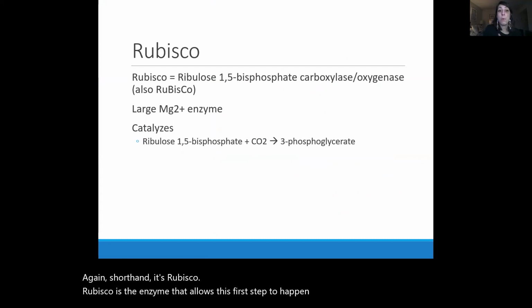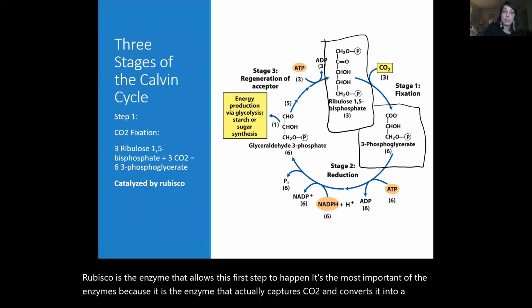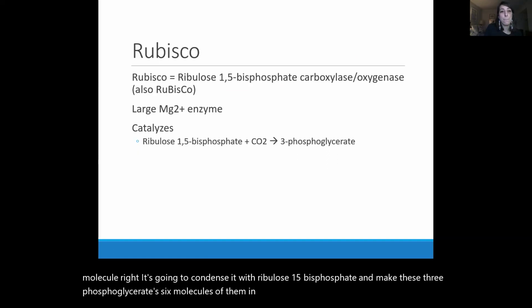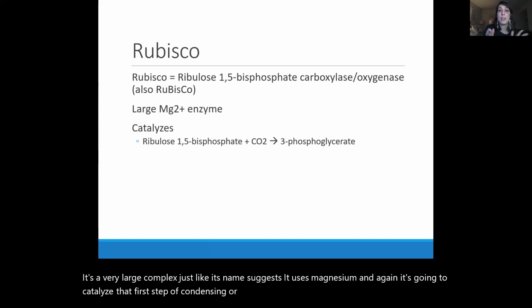It's the most important of the enzymes because it is the enzyme that actually captures CO2 and converts it into a carbon molecule, right? It's going to condense it with ribulose 1,5-bisphosphate and make these 3-phosphoglycerates, 6 molecules of them in total. It's a very large complex, just like its name suggests. It uses magnesium, and again, it's going to catalyze that first step of condensing our ribulose 1,5-bisphosphate with CO2 and making 3-phosphoglycerate.